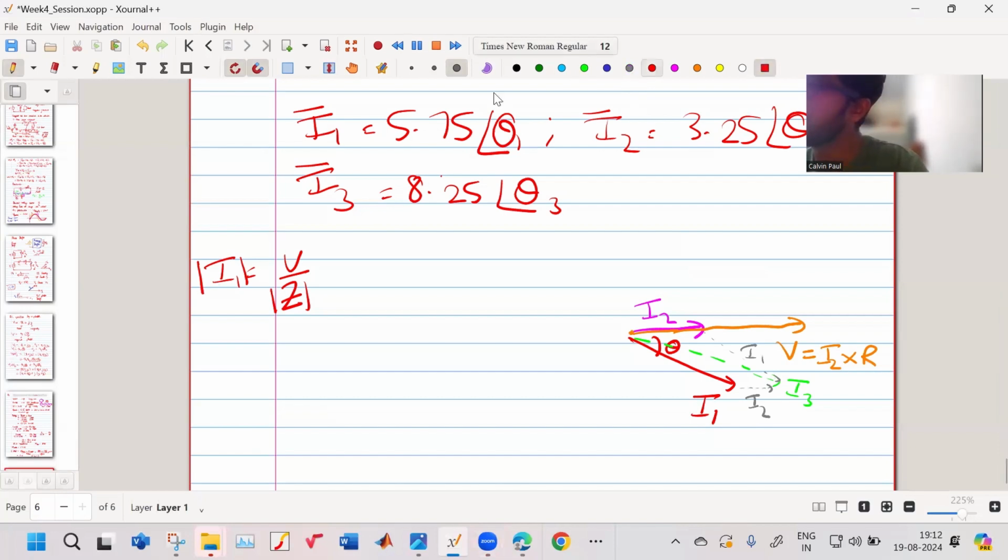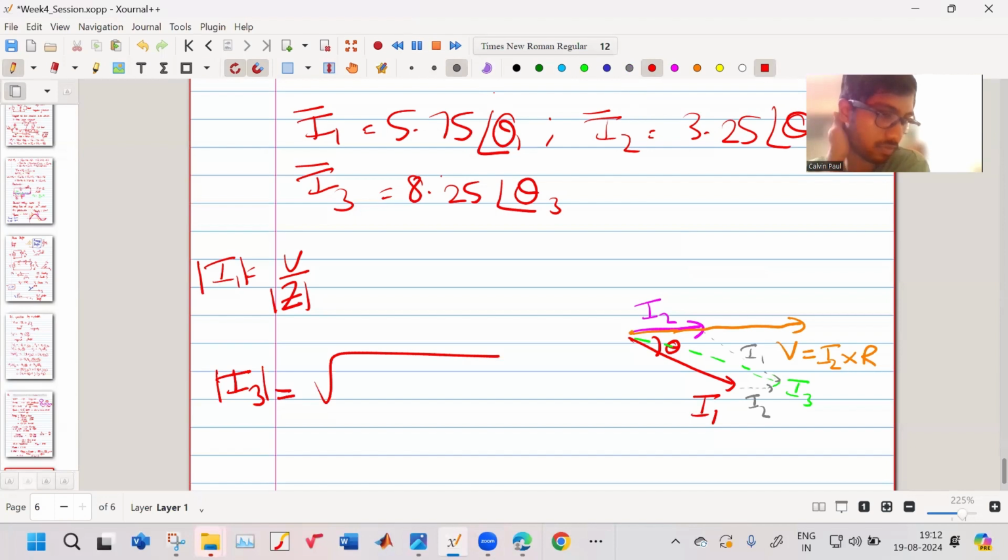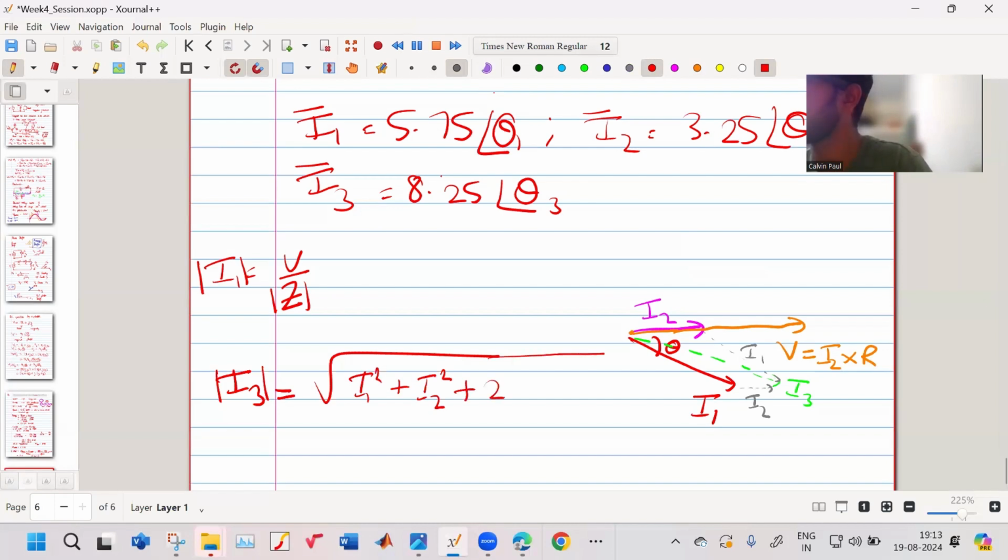So your I3 is equal to the square root of I1 square plus I2 square plus 2 I1 I2 cos theta, where theta is the angle between I1 and I2.